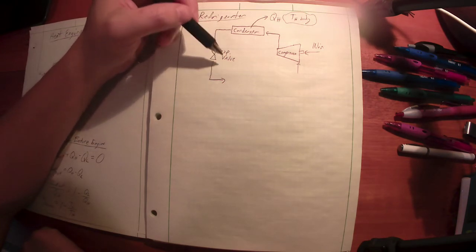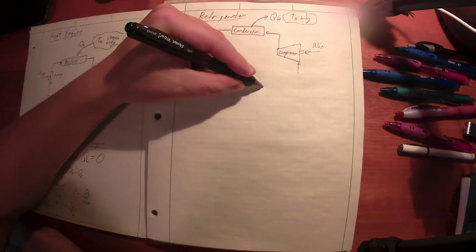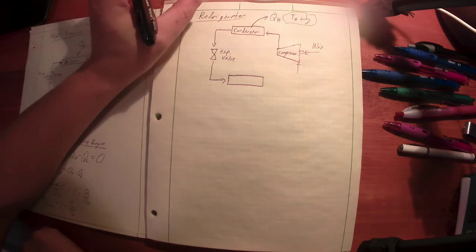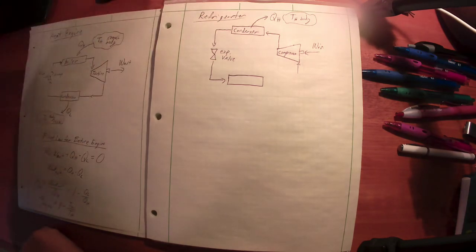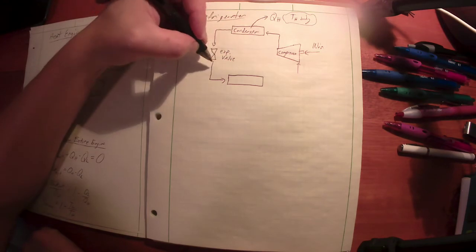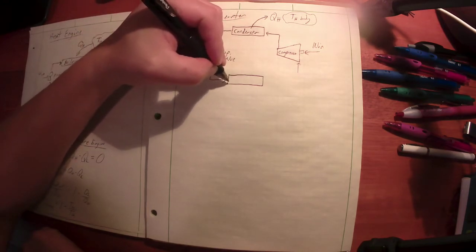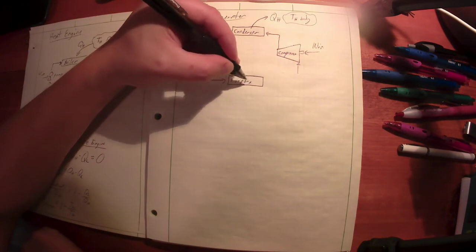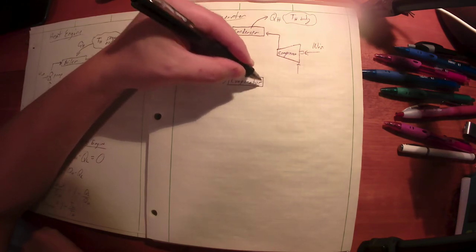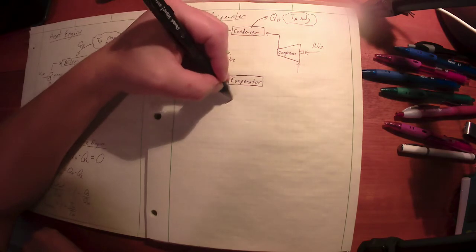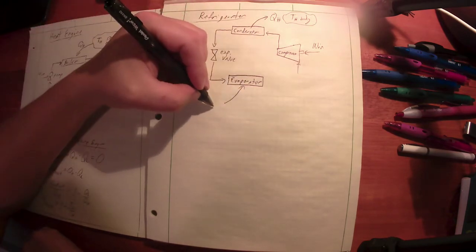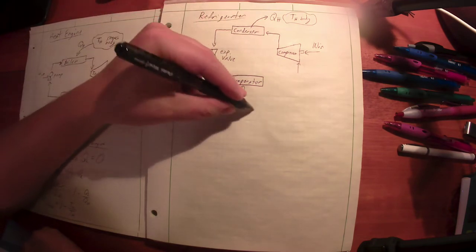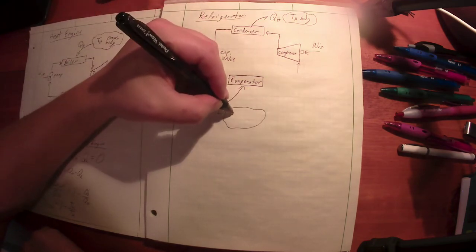So through this process of the expansion valve, and again, think about an aerosol can that you hold open too long. You go from high pressure inside and allow it to expand to a low pressure outside, it gets cold. It gets so cold that when I run that refrigerant through an evaporator, another heat exchanger, it's going to be so cold that it'll actually absorb heat from a low temperature body.